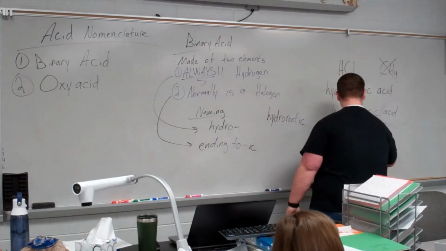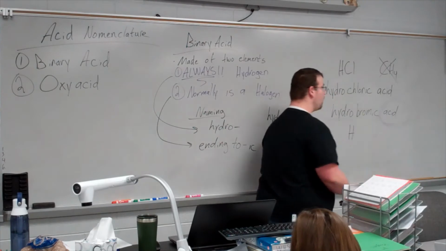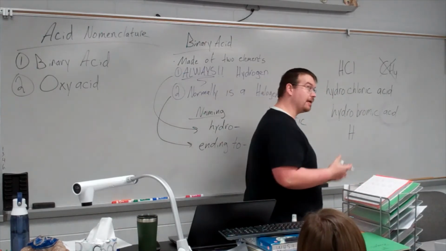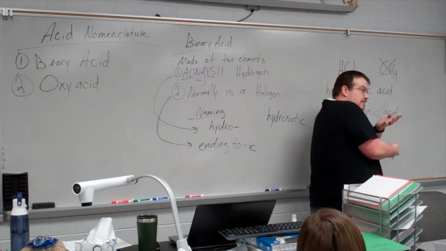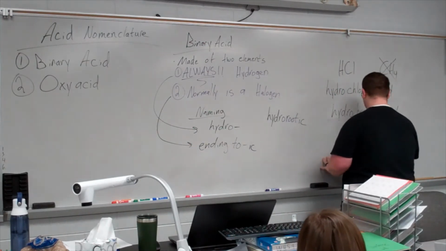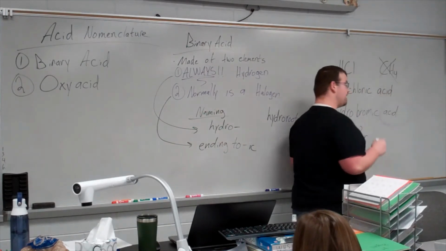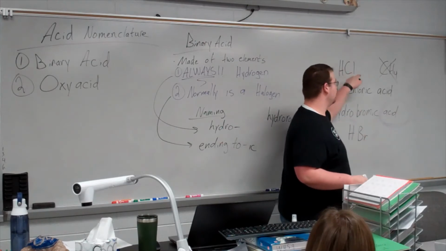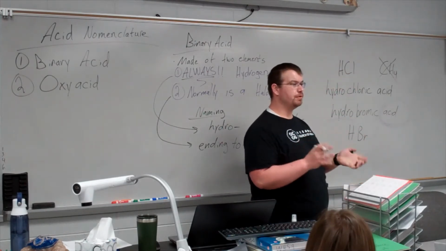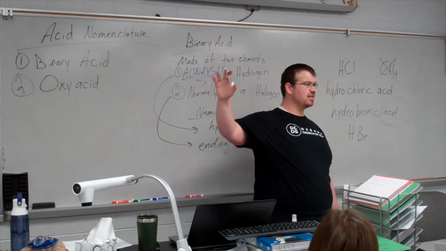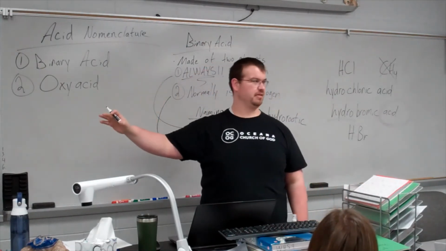So, H. What is hydrogen bonded with? Bromine, because it's the halogen, bromine. It's the root. So, Br. Now, this is the thing. Why is there only a 1-to-1 ratio here? This is why. You put the number of hydrogens there for the charge of the second element.